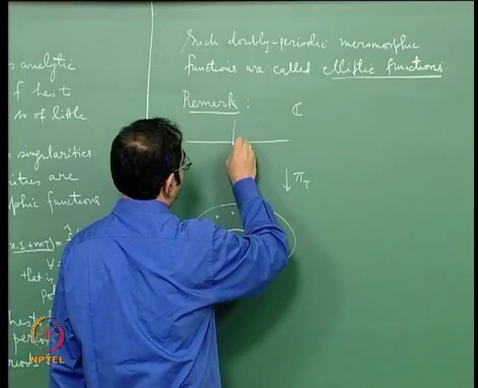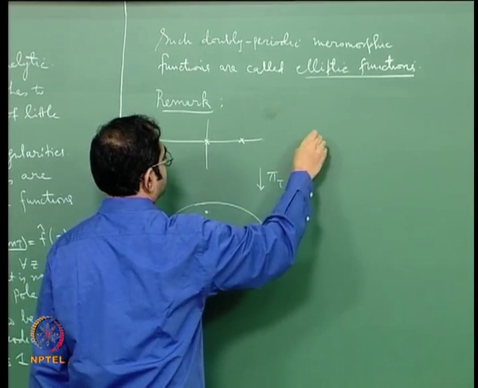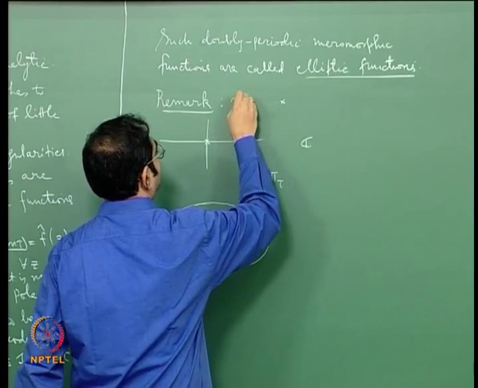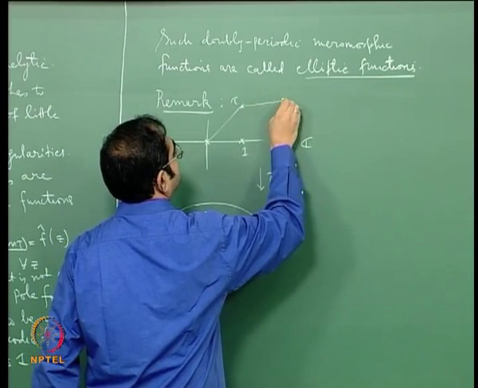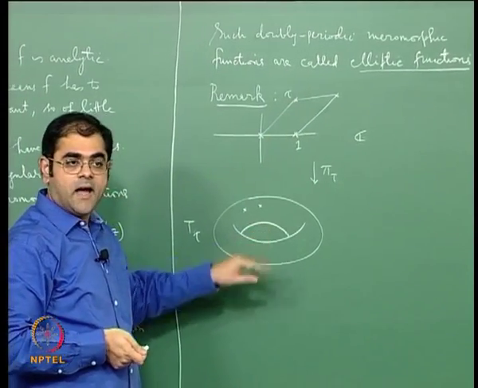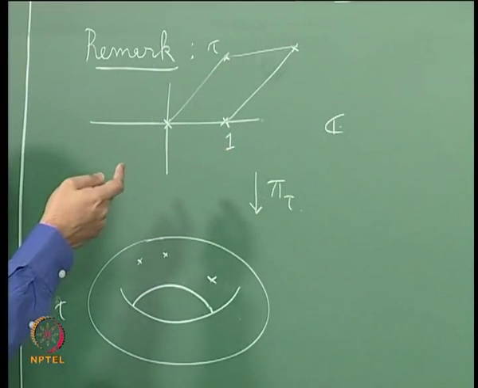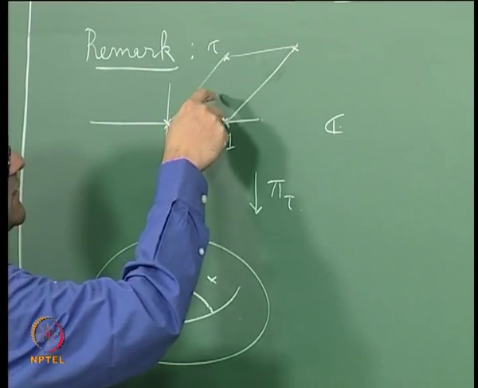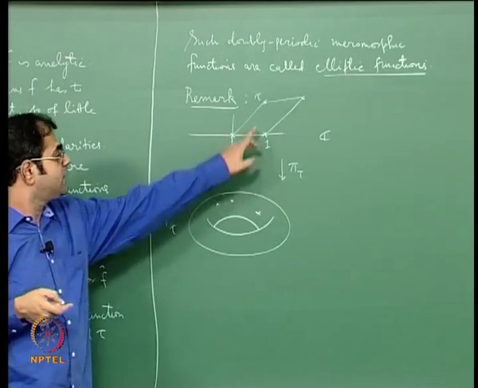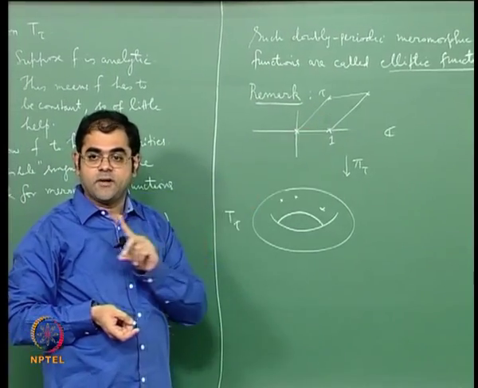There is this lattice on the complex plane which corresponds to 1 and tau. I have this lattice here, this is the fundamental parallelogram whose image is here. If I look at inverse images, if an inverse image is going to lie inside this parallelogram in the interior, then it is going to be only one.